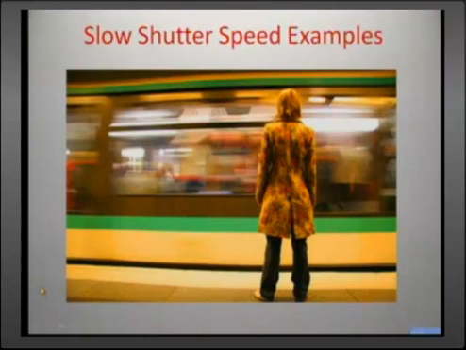In other words, the way this picture was photographed was that we have a camera on the tripod with a slow shutter speed, roughly a 15th of a second, and the person is standing perfectly still so that there is no motion showing there, but with a subway train going by that is moving very quickly, it gives the effect that you're seeing here. Again, a much more creative way to show that there is movement in a photograph.